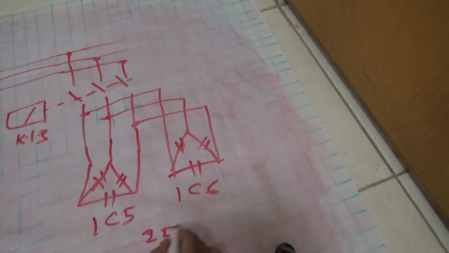This combined is 25 kVAr. So now these are 3 sets, 50 plus 50 plus 25, 125. This is one stage.